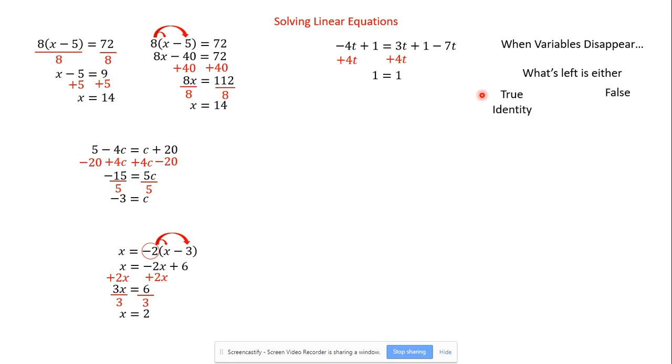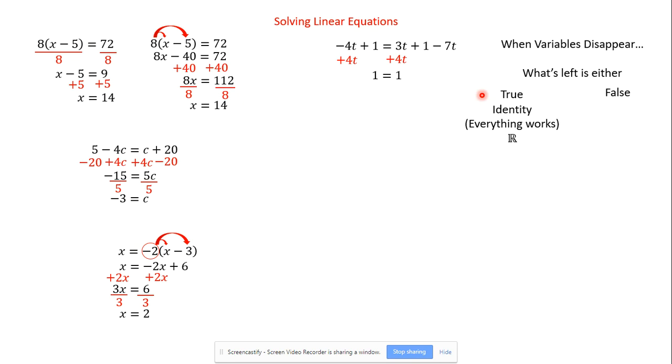If it's true, it's called an identity, which means everything works. You can plug any number you want in there, it's going to work. Well, what can we call it if we can plug any number in and everything works? All real numbers. So when the variables disappear and what's left is true, it's all real numbers.